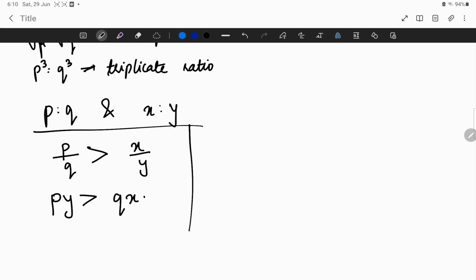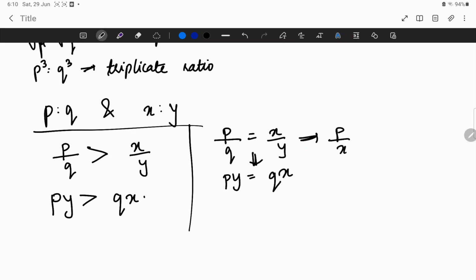What you need to know is that if p upon q is equal to x upon y, then py is equal to qx. Similarly, it also implies that p upon x is equal to q upon y.